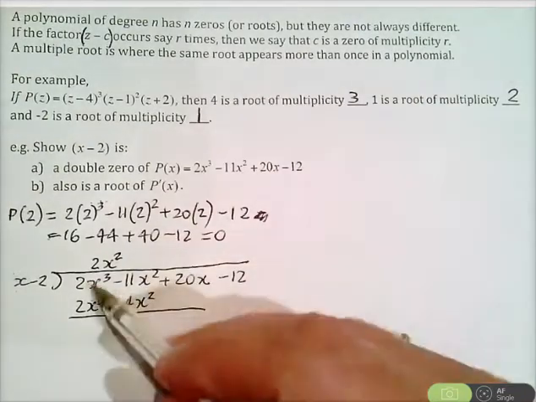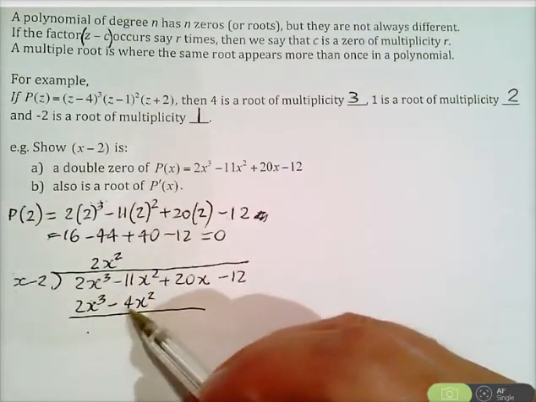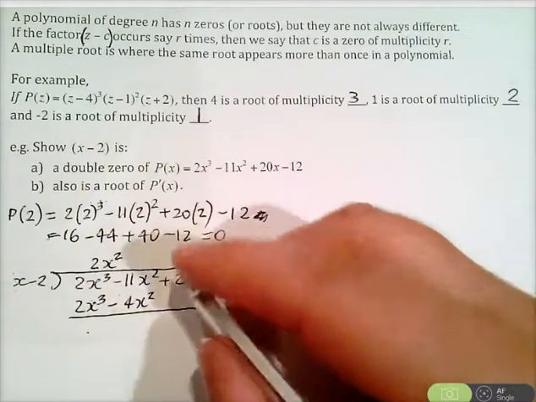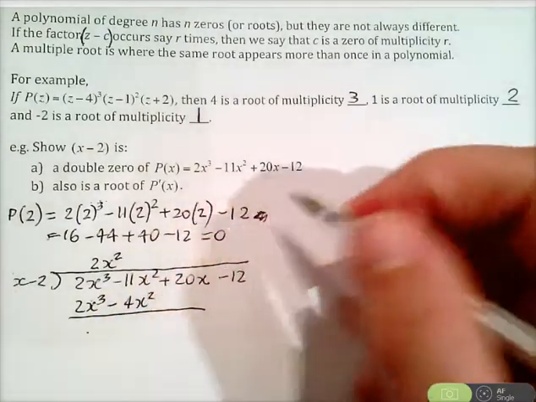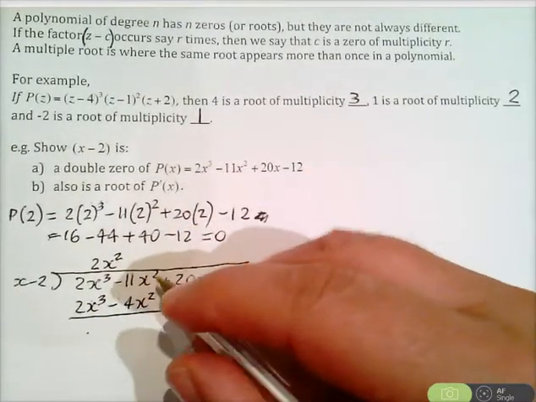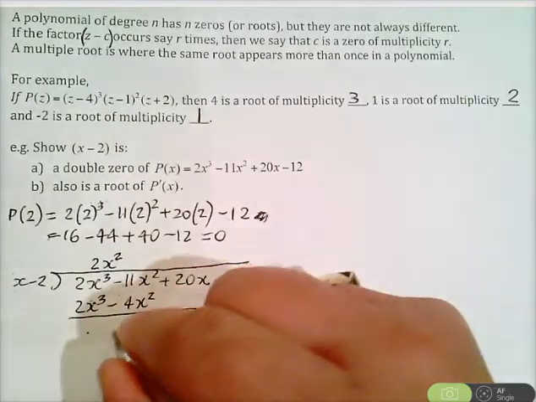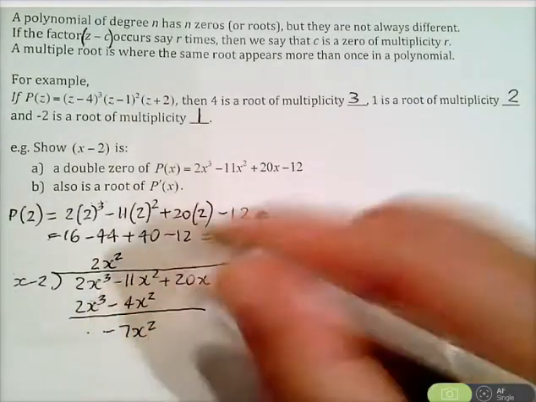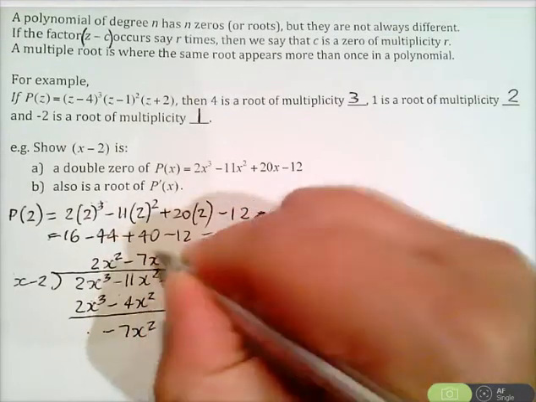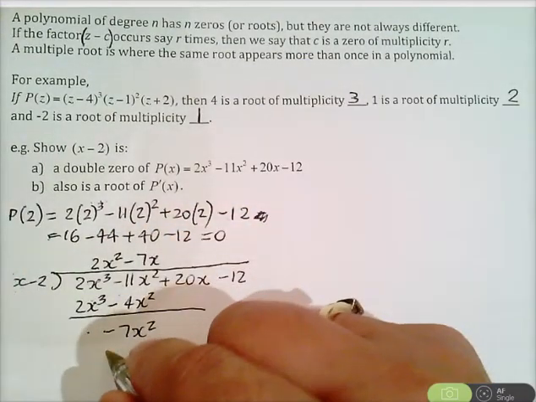Subtracting, we get 0 there. Negative 11 take away negative 4, we get negative 11 plus 4 is negative 7x squared. Now up here we'll go minus 7x, so minus 7x times x is minus 7x squared.